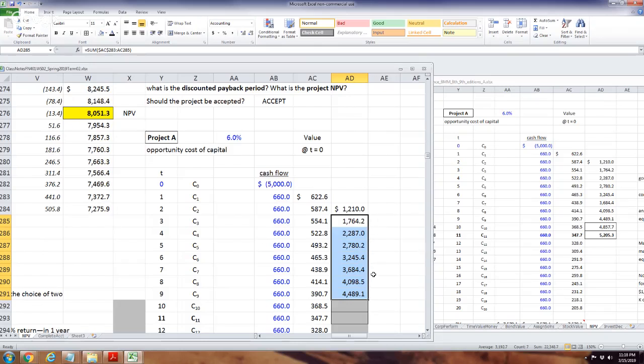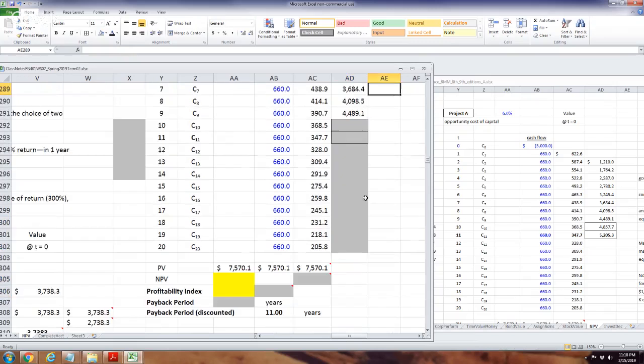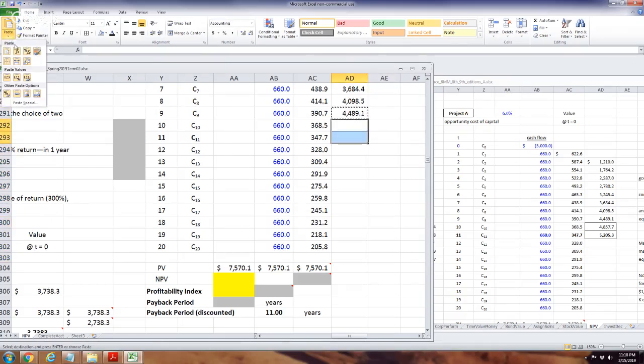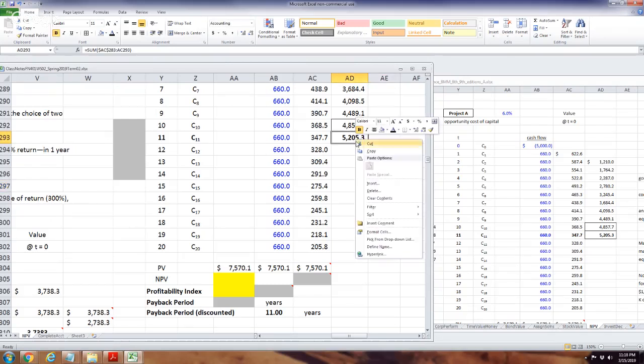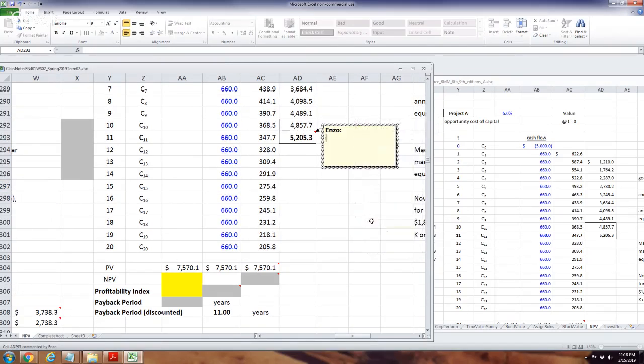Well, at least the 9th year, and then a little bit more too. Right? Because if you look here, copy, and this is just pasting the formulas in there. It's somewhere between the end of 10, somewhere in the 11th year. You hit 5,000 somewhere, and you can go a little bit.